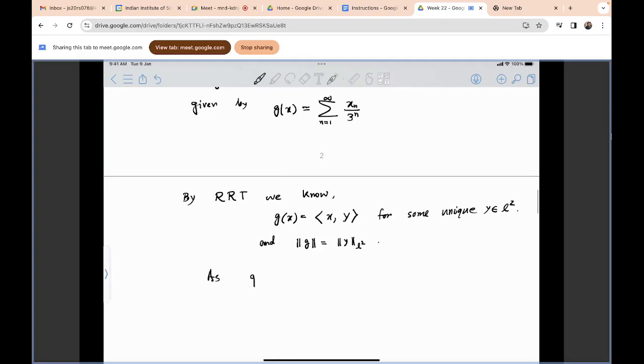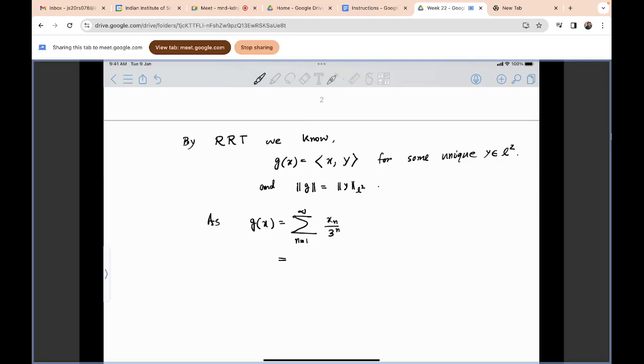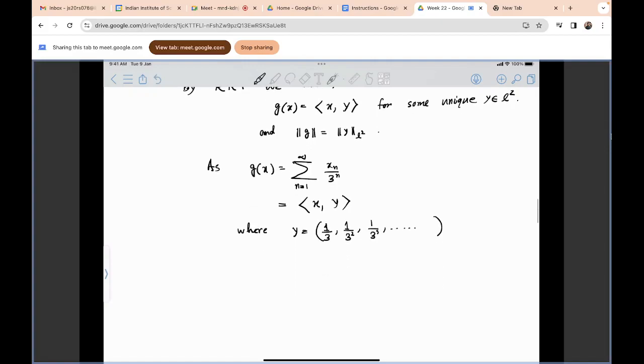As we have G of x equals the summation of xn by 3 to the power n, note that you can write this as the inner product of x with y, where y is the vector 1 by 3, 1 by 3 squared, 1 by 3 cubed, and so on, and x is the vector x1, x2, and so on.